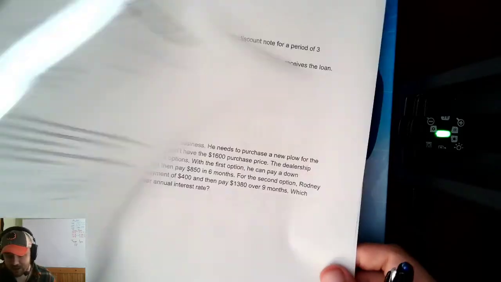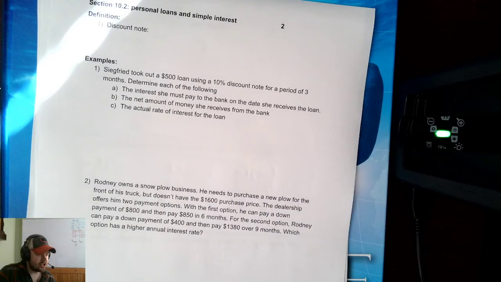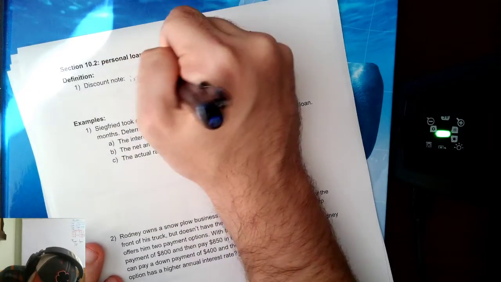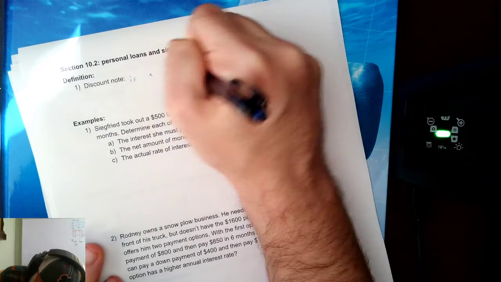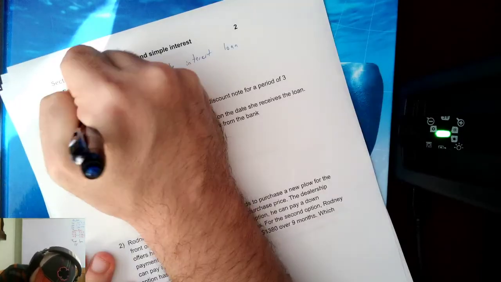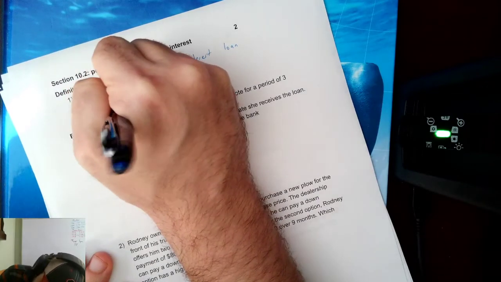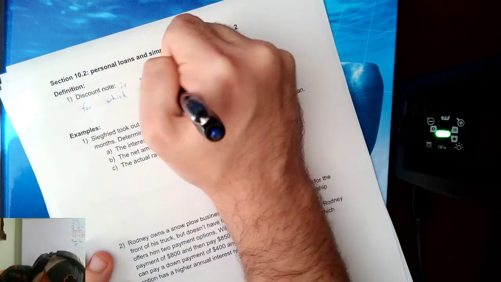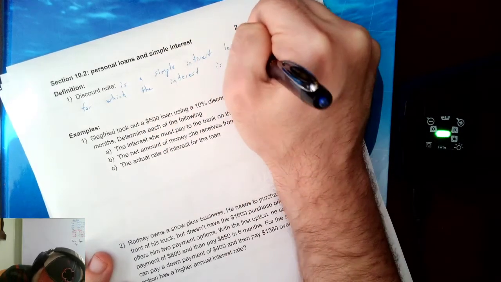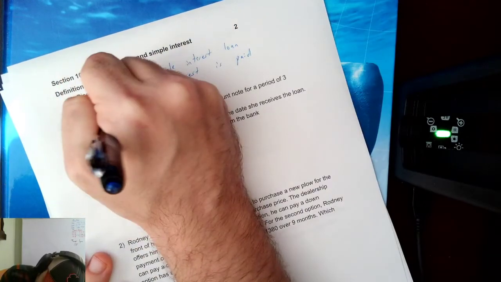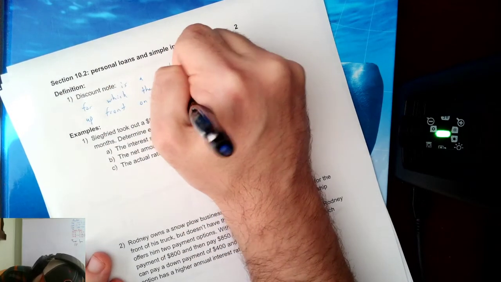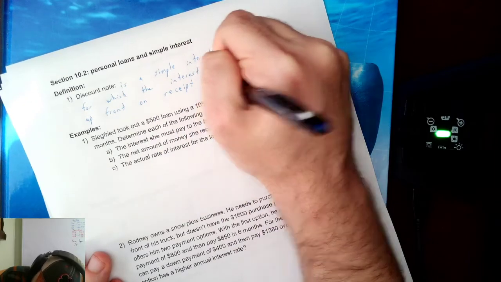Now, let's look on the next page. Let's look at a definition, a discount note. A discount note is a simple interest loan for which the interest is paid up front on receipt of the loan.